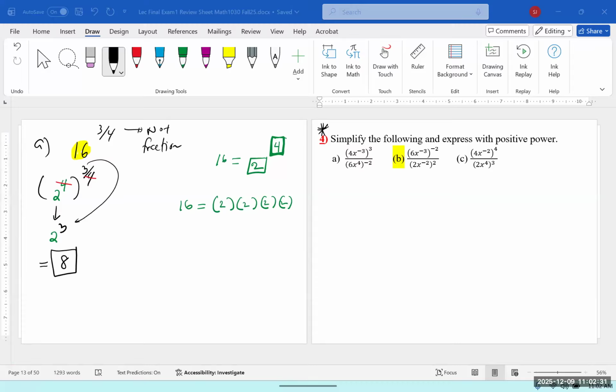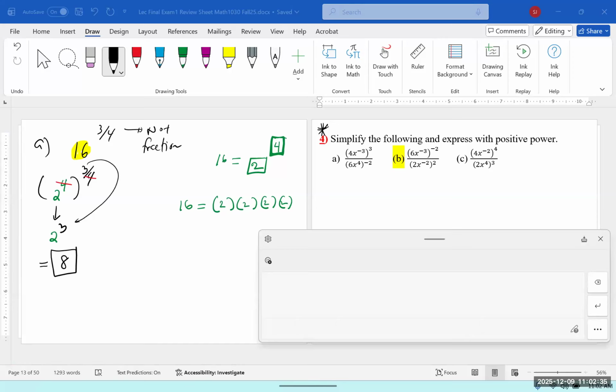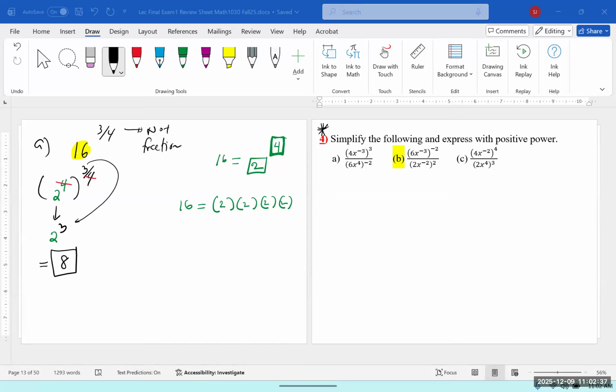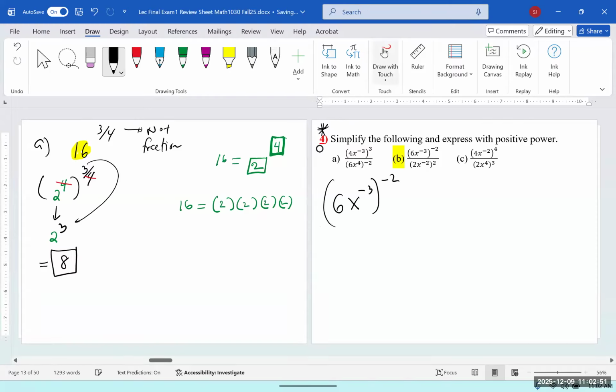Okay, so this one: we have 6x to the negative 3, to the power negative 2, over 2x to the negative 2, to the power 2.